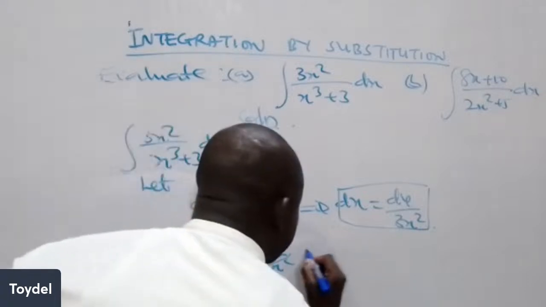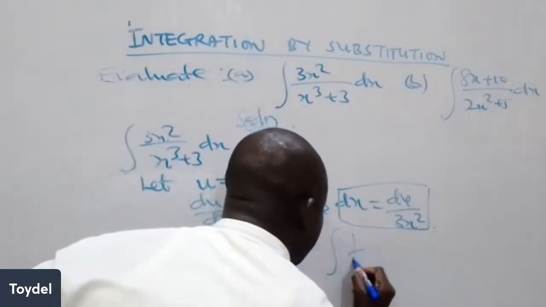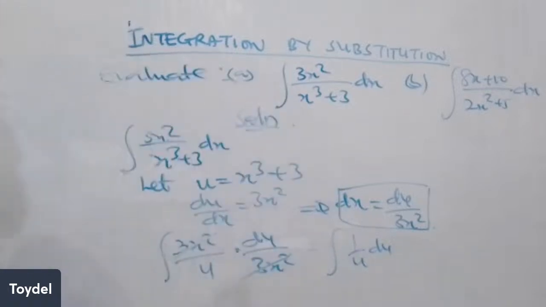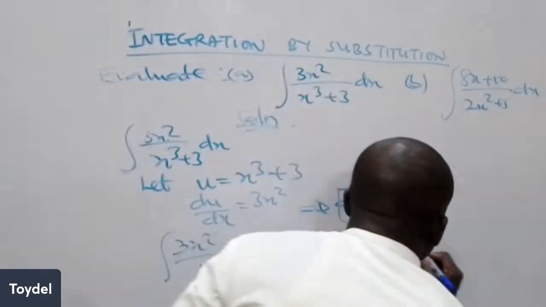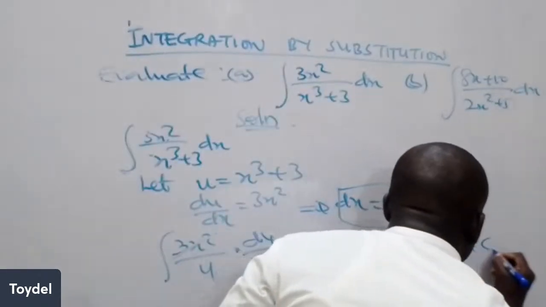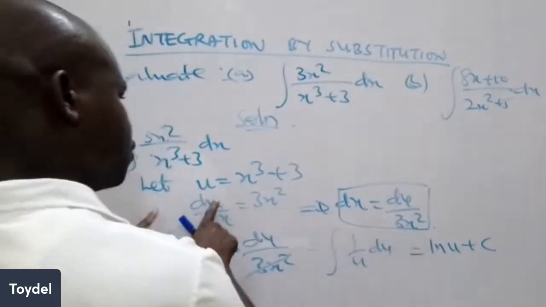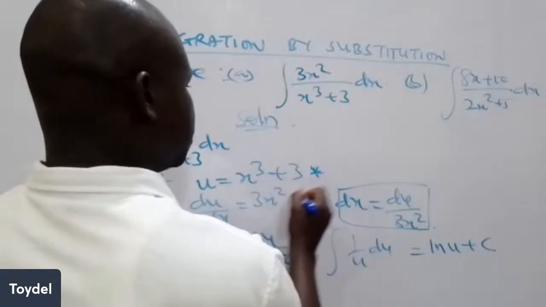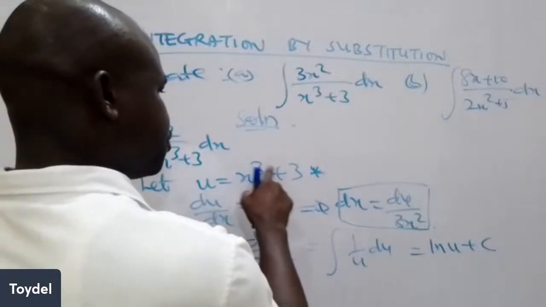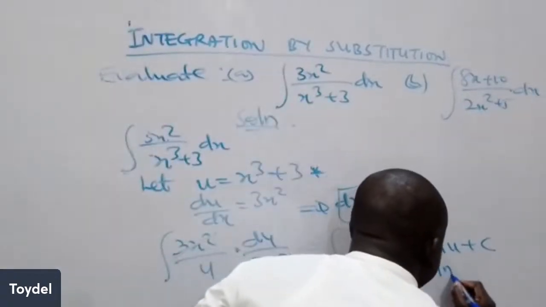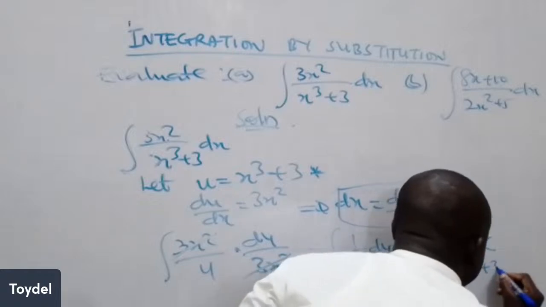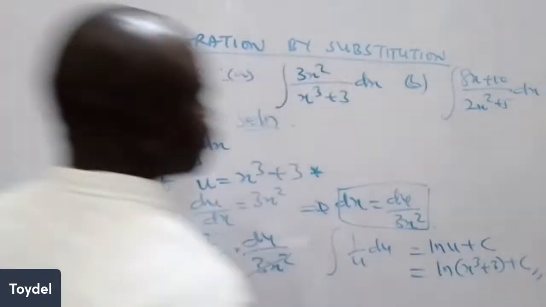At the end of the day, I'll be left with the integral of 1 all over u du. The integral of the reciprocal, 1 all over u, will be ln u. This will give me ln u plus an arbitrary constant. Then what is u? u is equal to x cubed plus 3. So the final answer will now be ln of x cubed plus 3 plus an arbitrary constant. And that's what we are going to get.